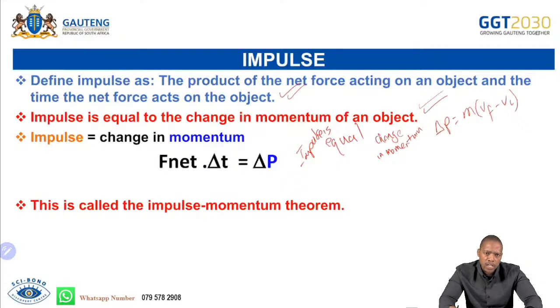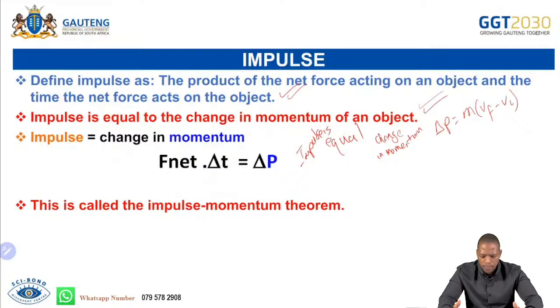One is the product of the force acting on an object and the time, so one talks about how much force is acting on an object and for how long, while the other talks about the change in velocity of a particular mass. So the other one is a change in momentum, the other one is impulse. They are not one and the same thing, but they are equivalent in terms of their magnitude.